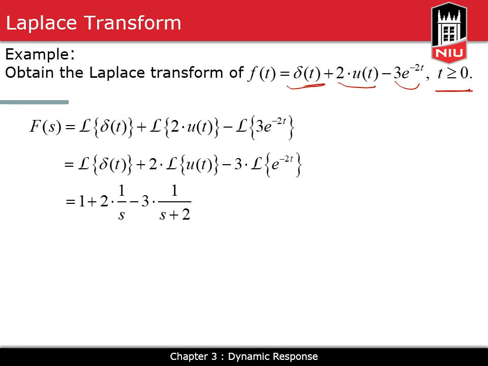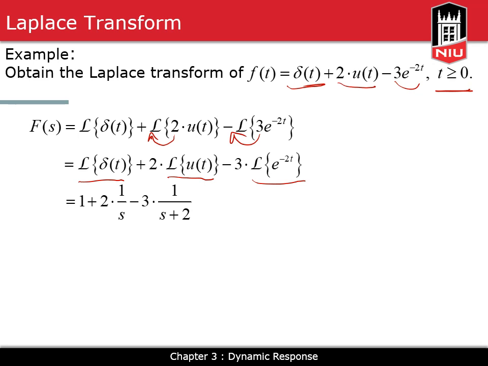Then we can move the constant multipliers out, because Laplace transform is a linear operator, so this 2 can be moved out and this 3 can be moved out, as you can see in the second row. And then we just need to know the Laplace transform of delta, Laplace transform of step function, and Laplace transform of e to the negative 2t.